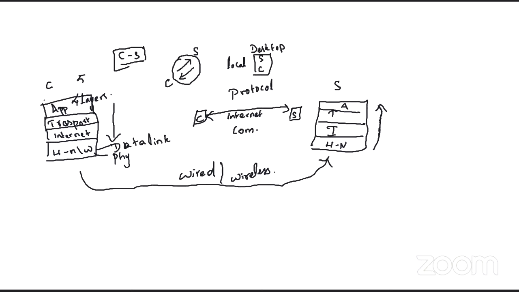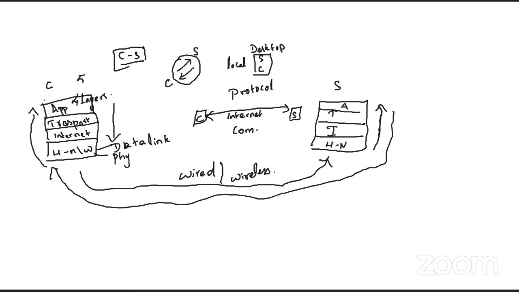And after that, the particular application will respond in the same procedure. It will come in this direction, so the communication is bidirectional, right? And then the response will reach the corresponding application in the client-side system. So the server-side application will communicate with the client-side system in this procedure.